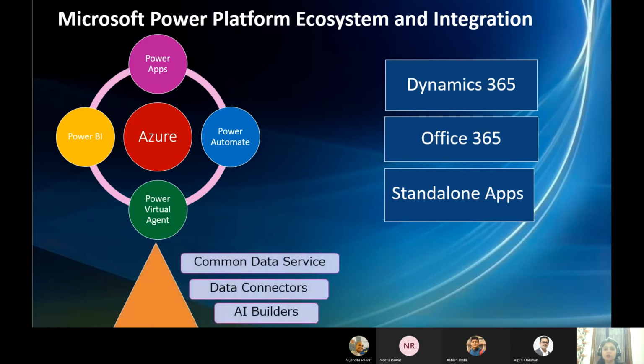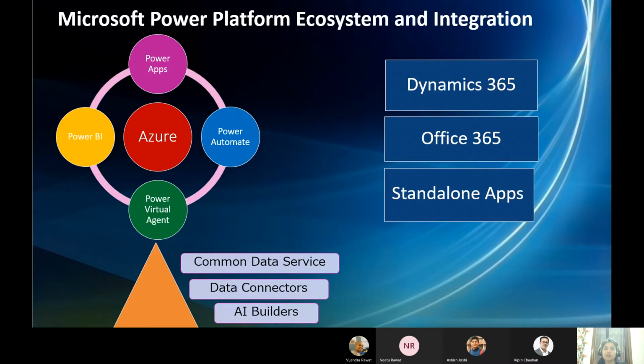And there are hundreds of inbuilt libraries, and there is a Common Data Service through which you can get the data by entities. You can have custom entities as well as the standard entities. If your business requires any other entities, you can always make them. It is very easy to make custom entities in Common Data Service.